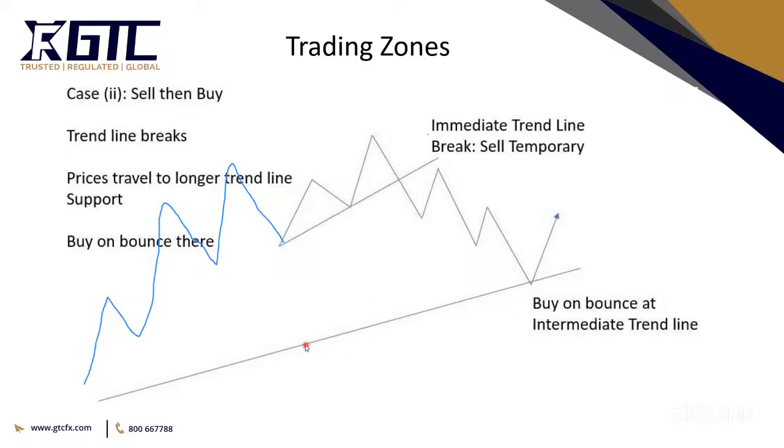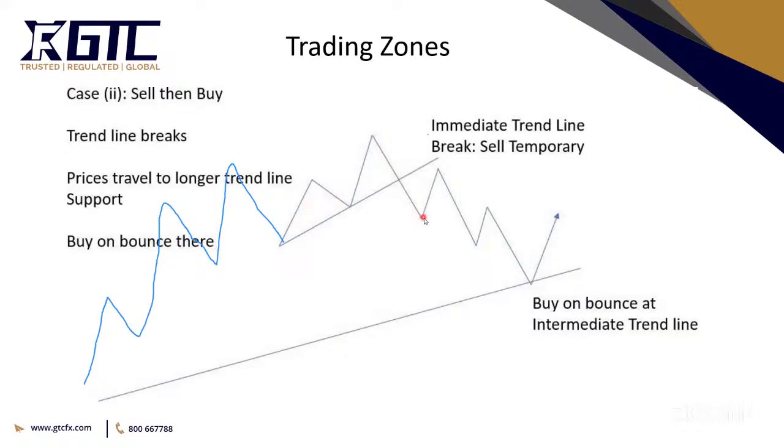We still are in the buy zone of the intermediary trend line. So which is this zone? If we want to define this zone, it is defined as a sandwich zone. Markets are in the sell zone of the uptrend line and they are in the buy zone of this uptrend line. So it's in a sandwich zone.